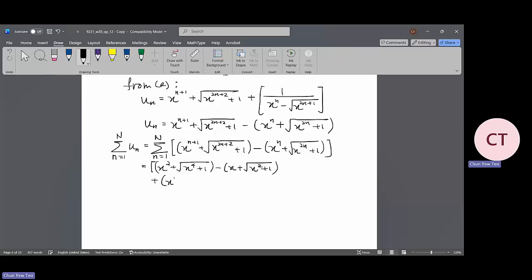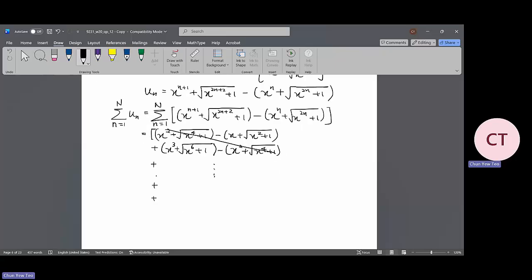And when n is equal to 2, then you will get x^3 and this one will be x squared plus the square root of x^4 plus 1. And you can see that it can cancel in such a way. And the pattern will continue until the last two terms.